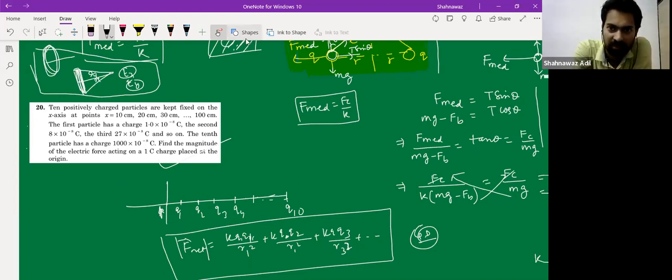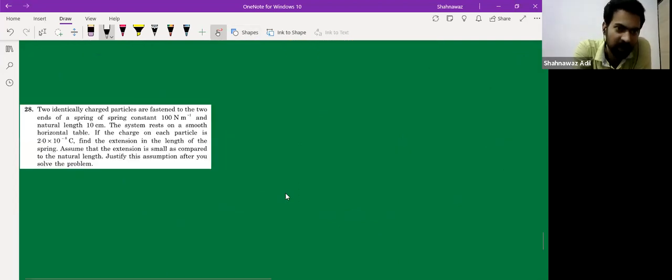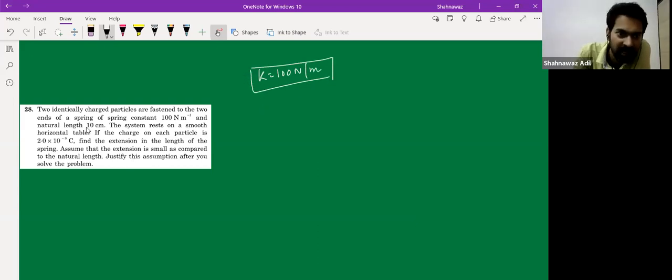Now let us do this problem. Two identically charged particles are fastened to the two ends of a spring of spring constant 100 Newton per meter, so K is given. The natural length is 10 centimeter.